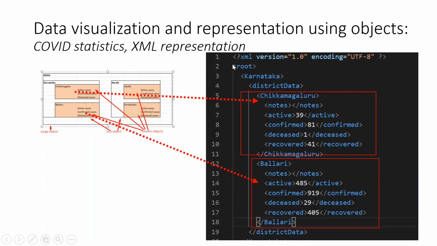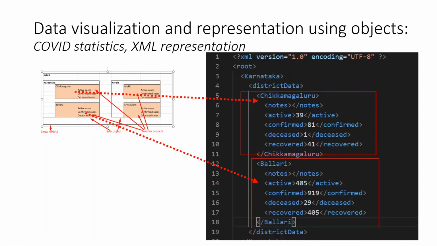This is formed in the form of a tree. So this is the root and this is another node. Karnataka is one node and Kerala is one more node. Below that, there are sub nodes, which are Chikmagaluru and Ballari. So this is how it is. The same data can be represented in XML.